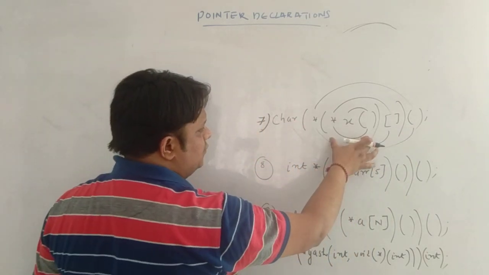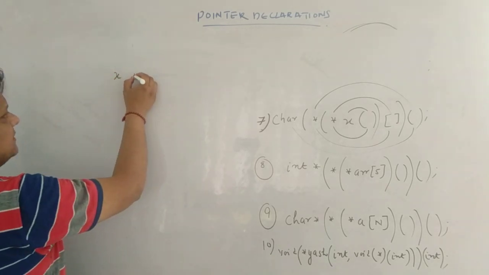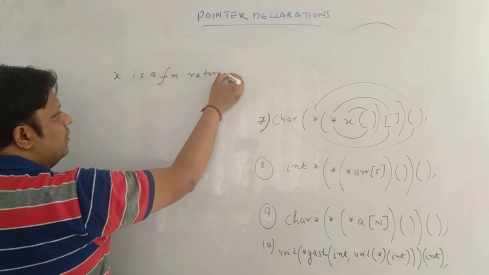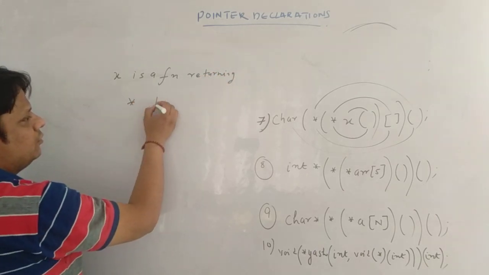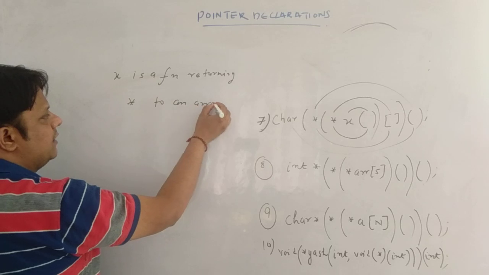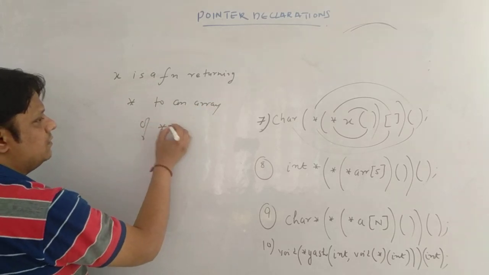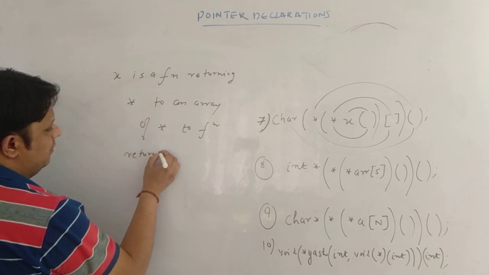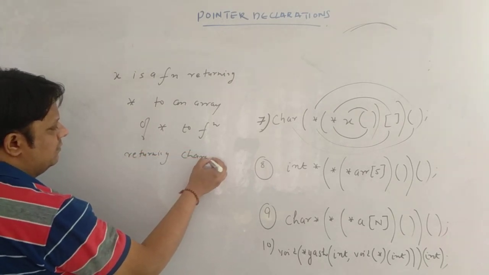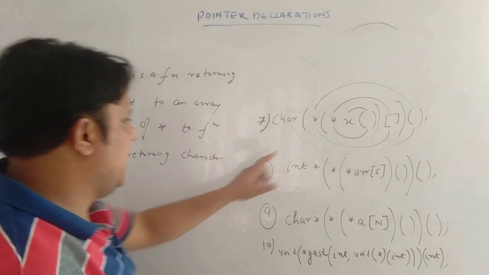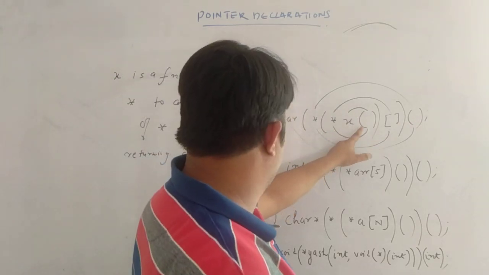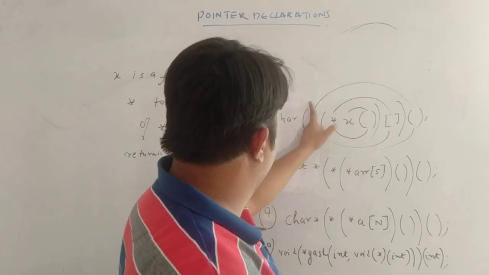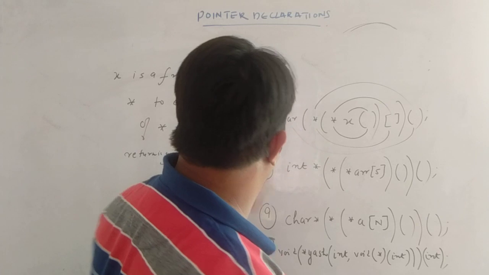So x is a function returning pointer to an array of pointer to function returning character. Right. So x is a function returning pointer to an array of pointer to function returning character.